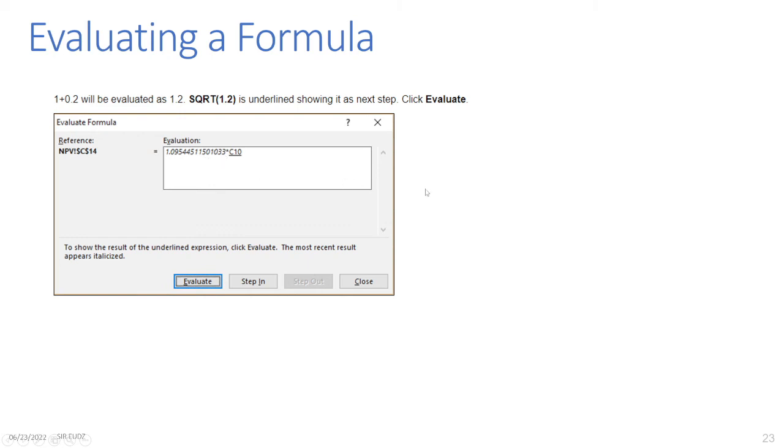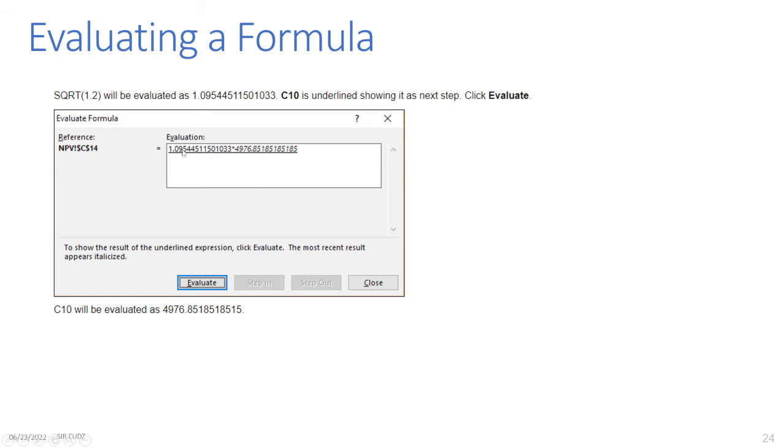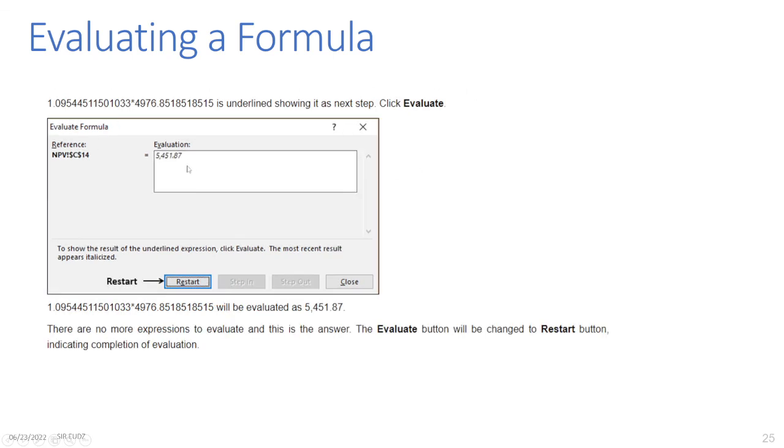Then when you click Evaluate again, this is now 1.09 something times 4976. So this is the contents of C10. And then once we click Evaluate again, the result appears. So there are no more expressions to evaluate, and this is the answer. The Evaluate button will be changed to a Restart button. That means we have completed the evaluation.